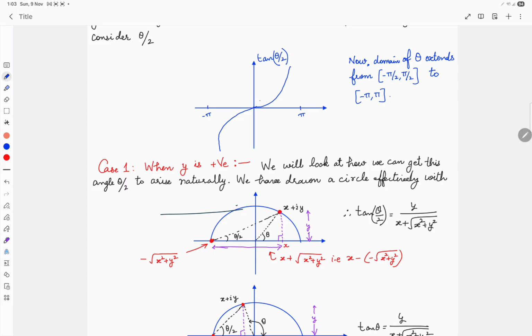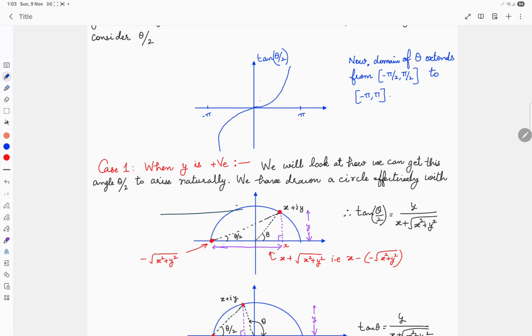Now this is the complex number, and this is my theta, which is the angle between the positive x-axis and this vector. So I have to take theta by 2. Now this angle is the angle between the x-axis and a point that is not the origin, rather it is the point on the circumference of the circle at the intersection of the positive x-axis and the circumference.